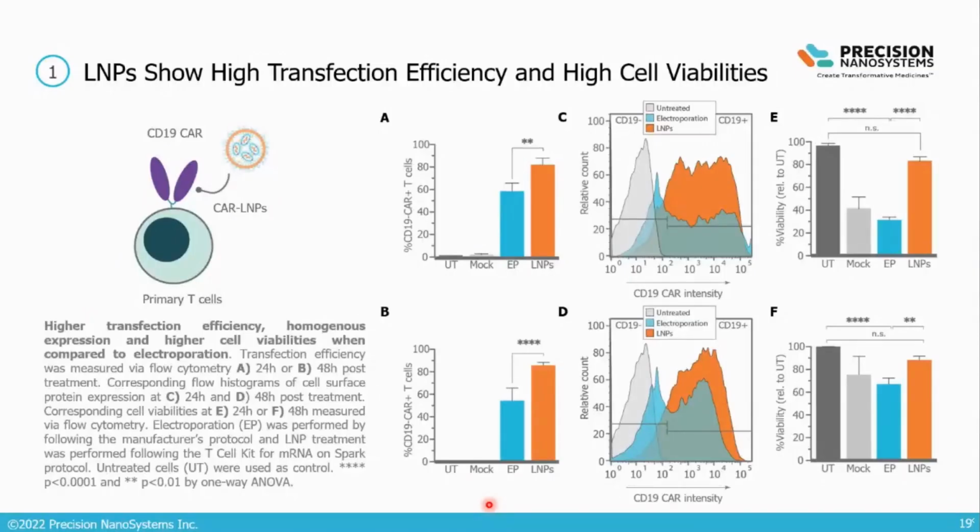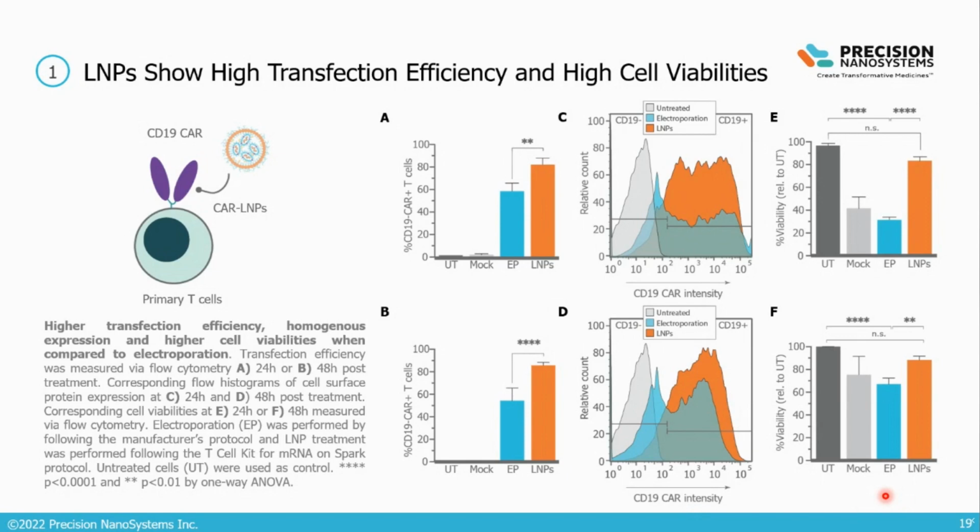As for the flow plots, we can see a much more homogeneous expression profile, where all of the cells in the population are very similar in their CAR intensity levels. And then importantly, on the right, we see the cell viabilities. Perhaps not a surprise to many of us that electroporation, the method itself, creates a significant toll on cell viability.